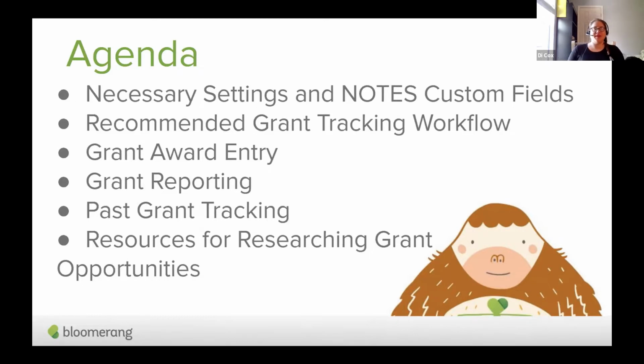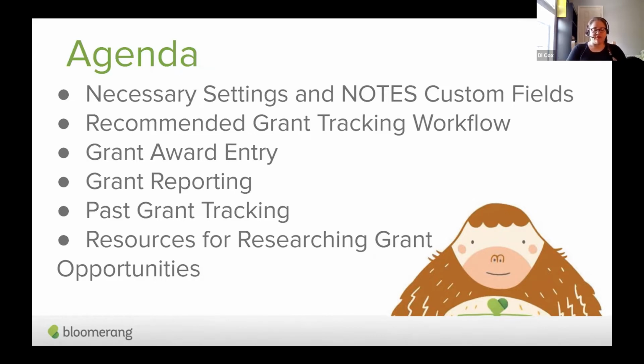As you can see on the agenda, we are going to be talking about a lot of settings and then notes and custom fields. We recommend for Bloomerang that you track your grants through notes, and we'll go through that workflow. We will also talk about what to do when you receive that award, grant reporting, and past grant tracking.